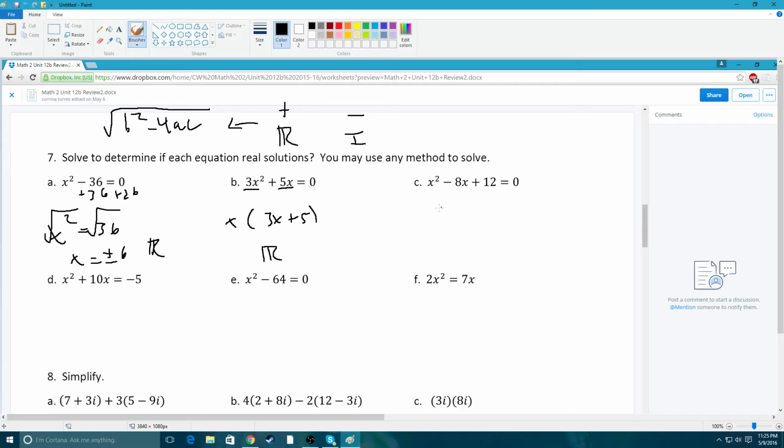For C, so this is the square root of negative 8 squared minus 4 times 1 times 12. And that comes out to a positive 16. So this would be real.